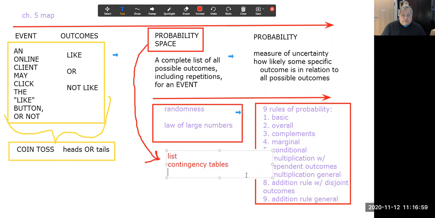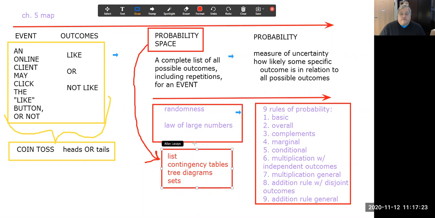You may also see probability spaces as decision trees or tree diagrams. You may also see probability spaces drawn as sets. To the extent that we can draw these probability spaces in different ways, we can sometimes circumvent or find an easy way of applying these 9 rules of probability directly visually into these particular ways of looking at the data.